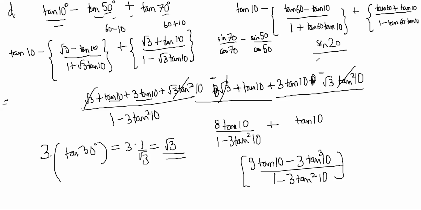Sine 20 by cos 70 cos 50, and this is equal to cos 70, so this cancels. So minus 1, I'm getting plus 1 by cos 50, and that side is tan 10. So tan 10 is sine 10 by cos 10 plus 1 by cos 50. So you get sine 10 cos 50 plus cos 10.